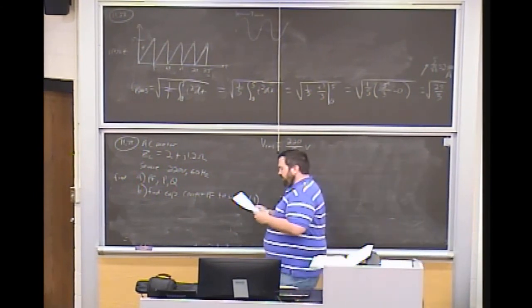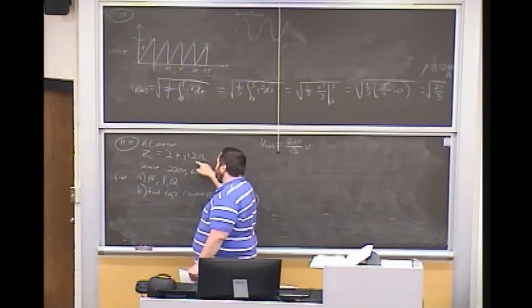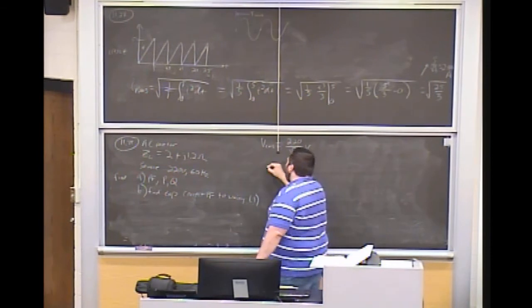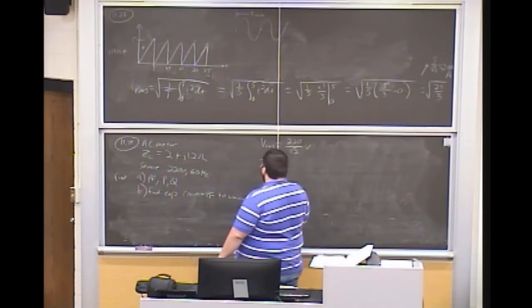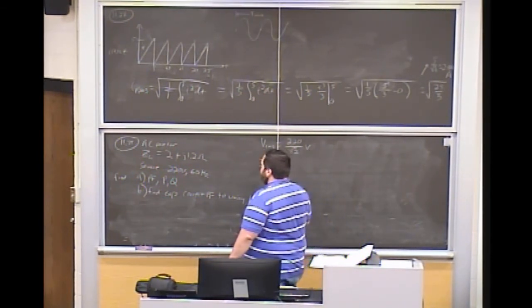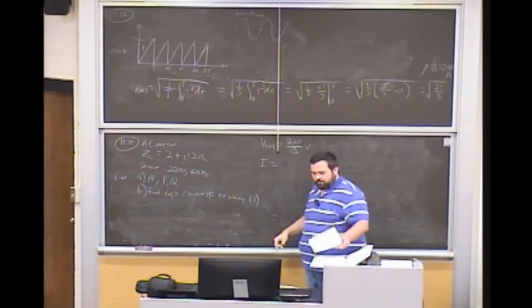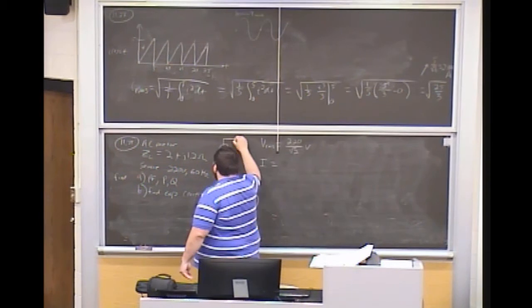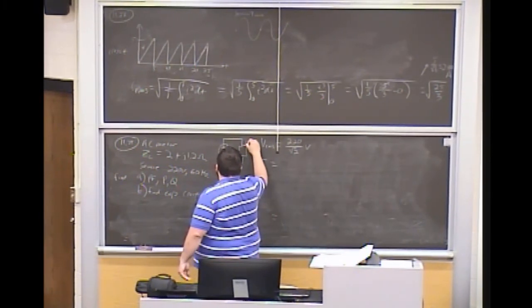Now let's go ahead and find our current value. In this case, our I, not our IRMS, we'll get back to that in a little bit. That's going to equal, if we draw this, effectively we have a voltage source and we have an impedance, and we want to figure out the current.